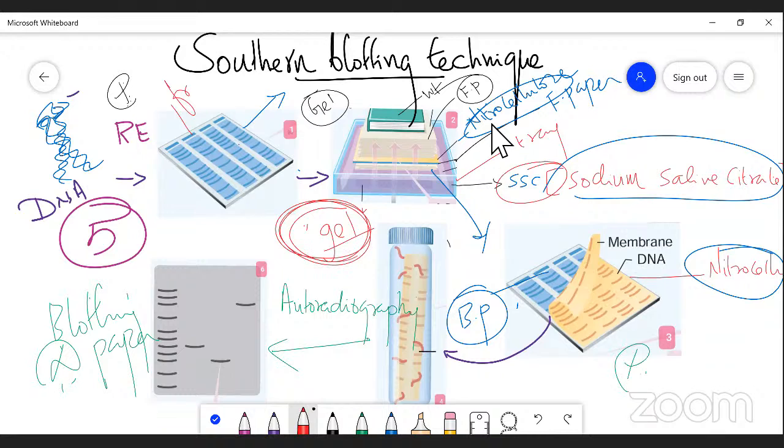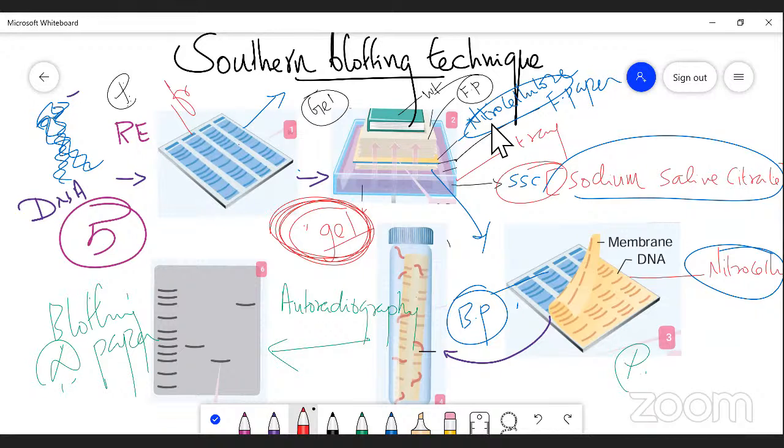When we place DNA into agarose gel, what will happen? DNA gets denatured. What do you understand about denaturation? Simply, its original structure is lost, right, students?